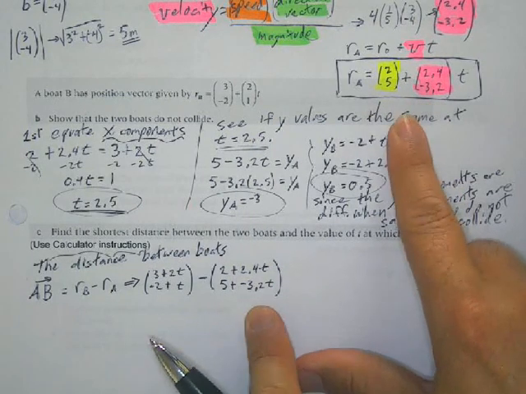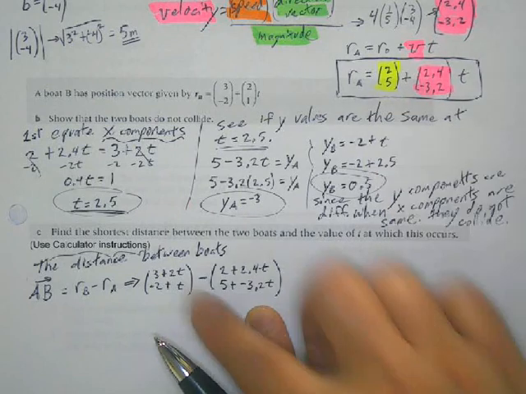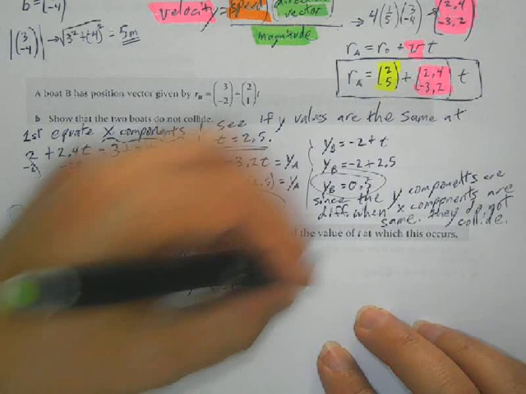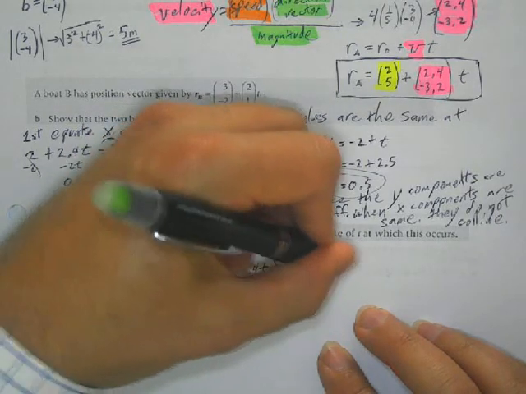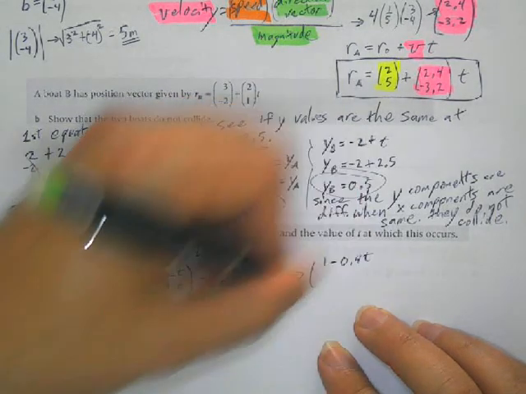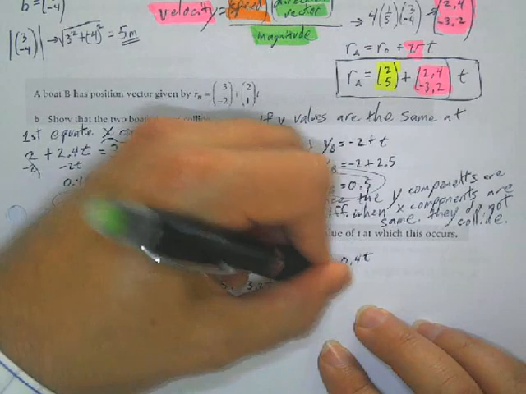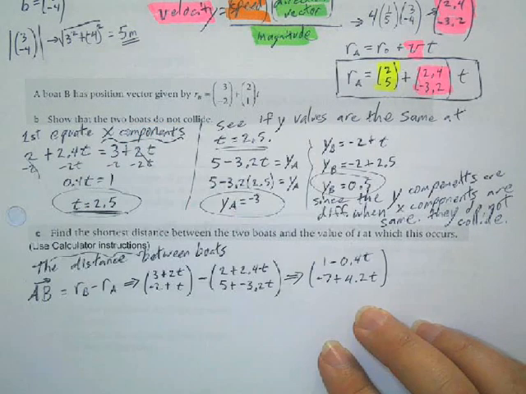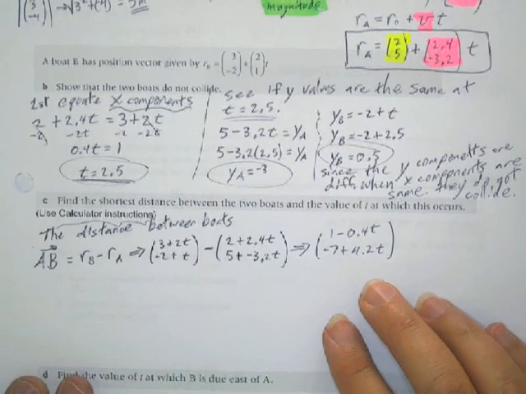Okay, so now we're going to combine the like terms, and we end up with 1 minus 0.4t and negative 7 plus 4.2t.